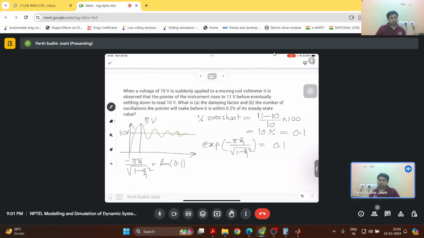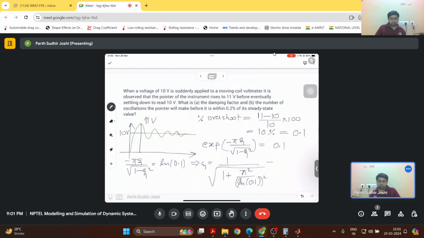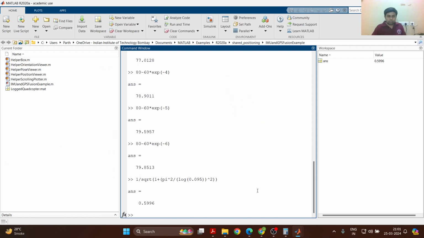And then if we square both sides and rearrange, we will get zeta is equal to square root of 1 plus pi square upon ln of 0.1 whole square. So we get the value of the damping ratio as about 0.59.